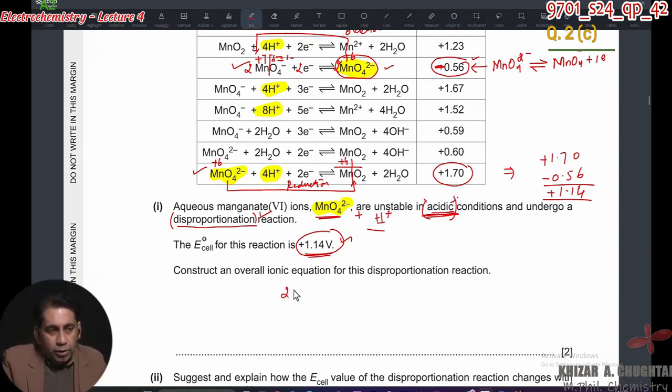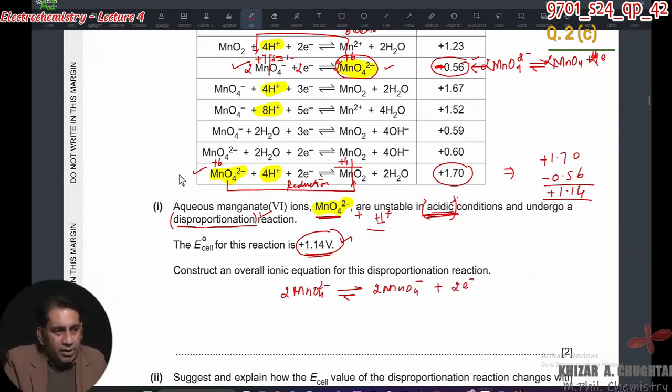So what will be the equation? This one: 2MnO4 2 negative goes to 2MnO4 1 negative plus 2 electrons.